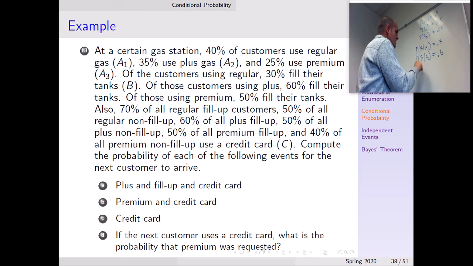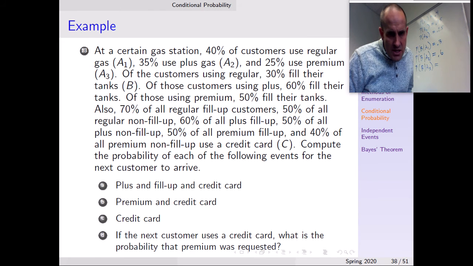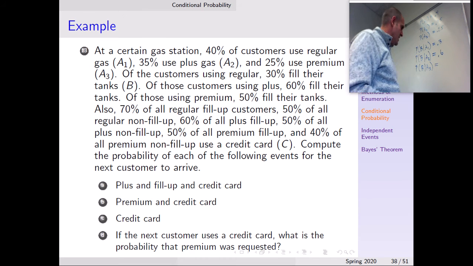And the probability that they fill their tanks, given that they are premium customers, of those using premium, 50% fill their tanks. So the probability they fill their tanks given that they're premium is 50%.